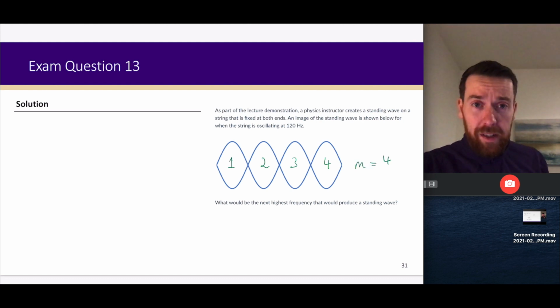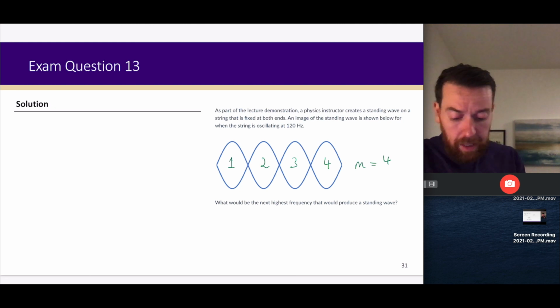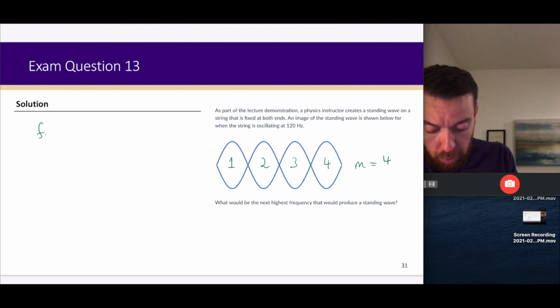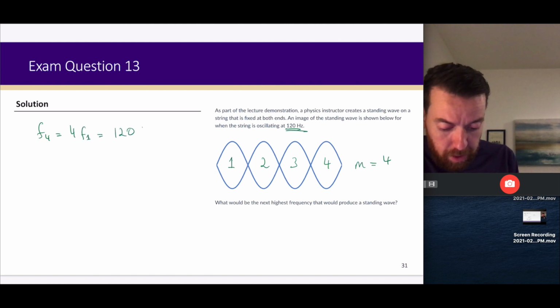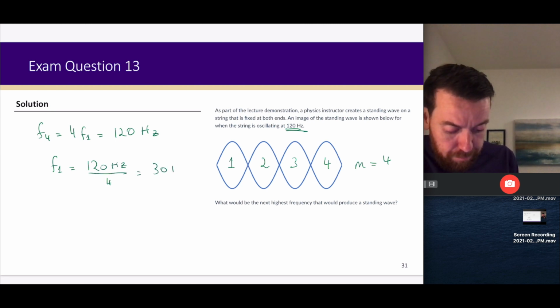So if we wanted to find the fundamental, we know that f of 4 is equal to 4 times f of 1. In this case, it's oscillating at 120 hertz. That's what f of 4 is equivalent to. So f1 is equal to 120 hertz divided by 4, which is 30 hertz.